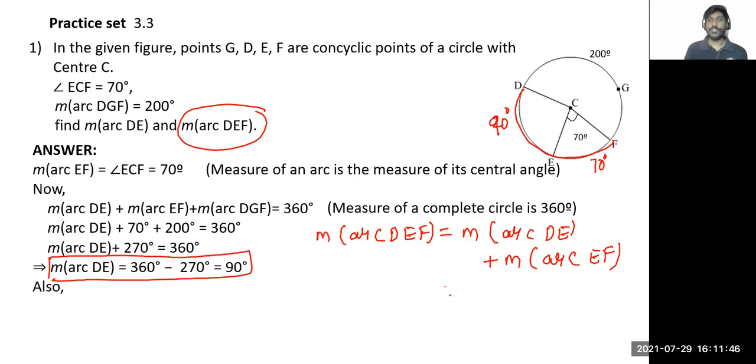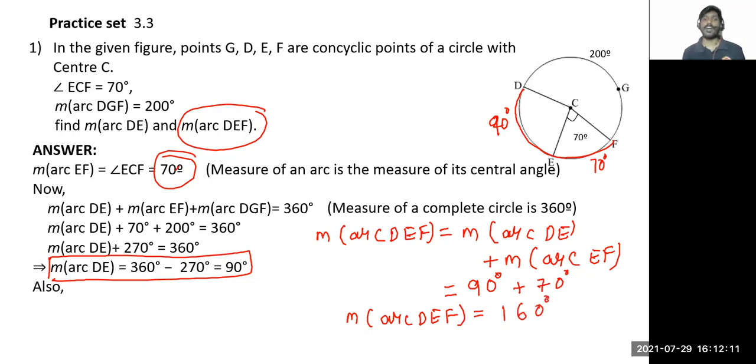Then now you just have to substitute the values. DE you just now found out, it is 90 degrees, and EF from the first point is 70 degrees. So it is 90 plus 70, which is 160 degrees. So measure arc DEF is 160 degrees. Did you understand this? Yes. Write it down. Can I write this? Yeah.